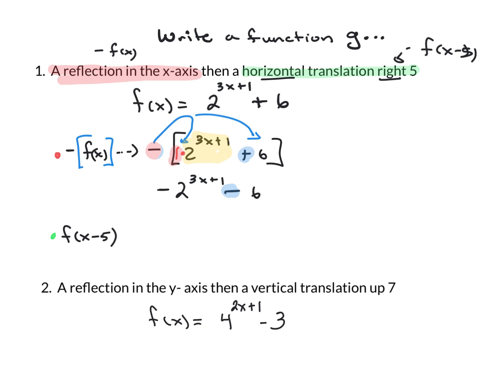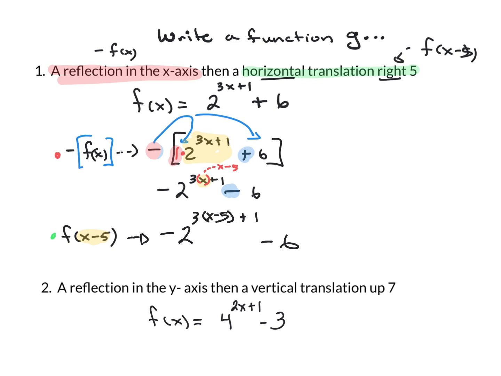That means x minus 5 is taking the place of that x. Because that is 3 times x, you have to put parentheses where that x is, and put x minus 5 there. So that would be negative 2 to the 3 parentheses. Do you see where I'm getting everything from? That's where the x used to be, and x minus 5 goes where the x used to be.